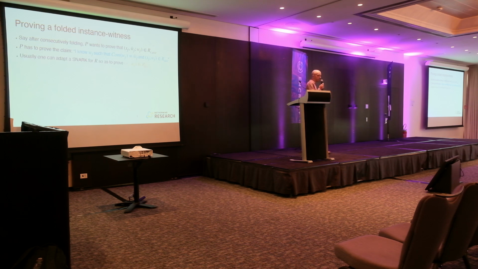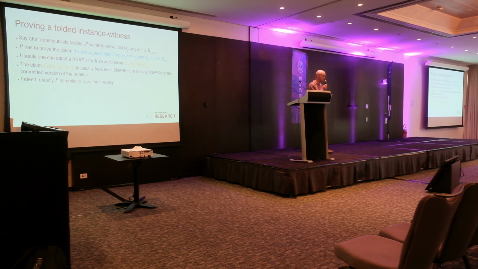Okay, so when it comes to this second claim, that's usually relatively easy to do if you know how to prove instance witness pairs for R. If you have a SNARK for R, it's usually easy to adapt the SNARK so that you can prove instance witnesses in the accumulated relation. And the claim about the commitment is really easy to deal with because most commonly used SNARKs are already SNARKs for the committed version of the relation.